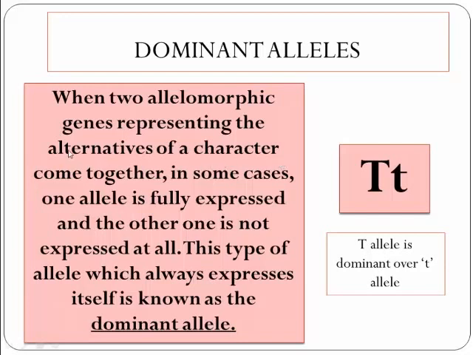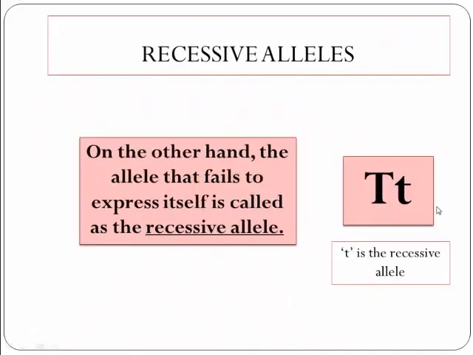So, when genes representing the alternatives of a character come together, one allele is fully expressed and the other one is not expressed at all. The one that is fully expressed is called the dominant allele. In this case, as you can see, the capital letter T is the dominant allele and the small letter t is the recessive allele.